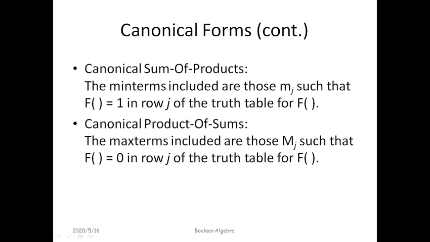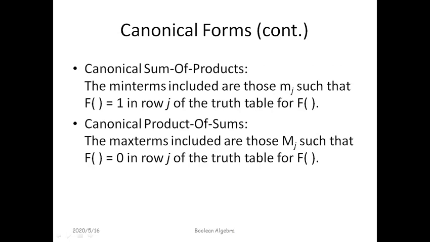So let's shed more light on the canonical sum of products. The min terms included are those mj, small letter m, such that f is equal to 1 in the row j of the truth table. So when the function gives an output of 1, those are the ones that are considered when coming up with the min terms.